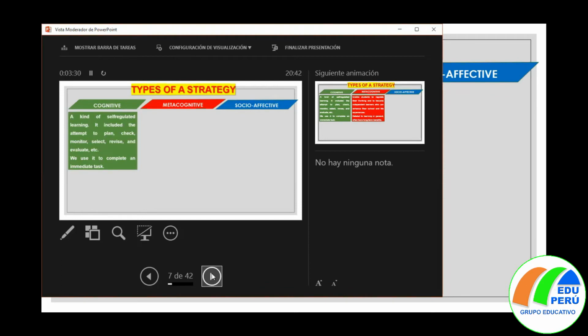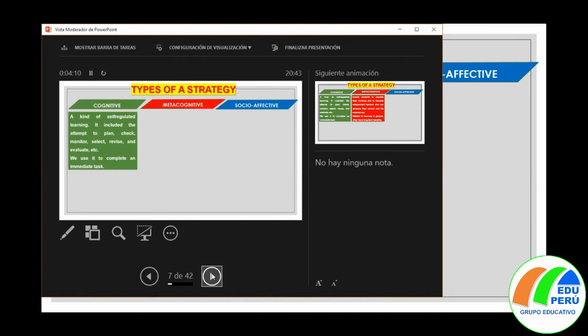Let's see the other one. What about the metacognitive? Metacognition. Here, this is the general term, metacognition. Cognition and metacognition. Ruth says here in the chat it is related to reflection. Writing could be too.